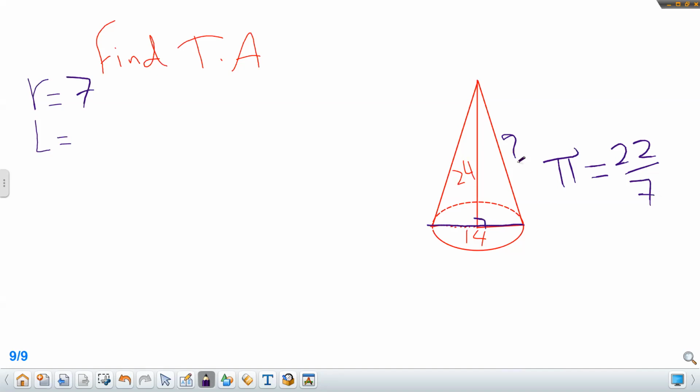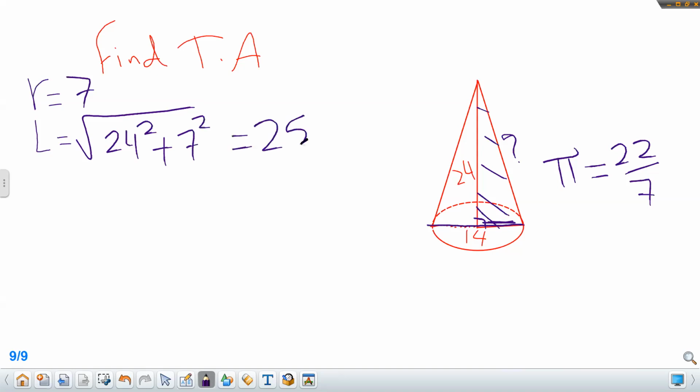You can find it by the right angle triangle using the Pythagorean theorem. Here it's the hypotenuse, so you can find that by 24 power 2 plus this side, this radius, 7 power 2, under square root, to be 25. So slant height is 25. Then you can find total area.